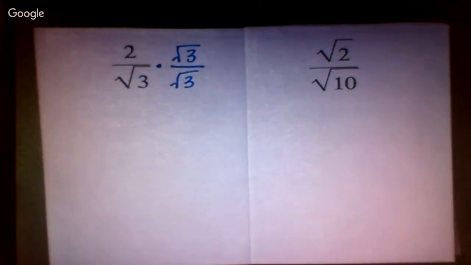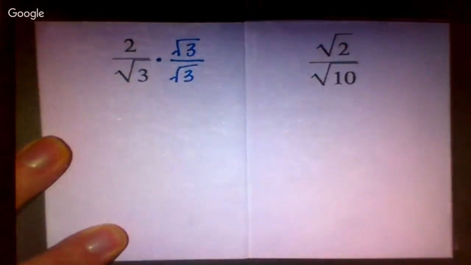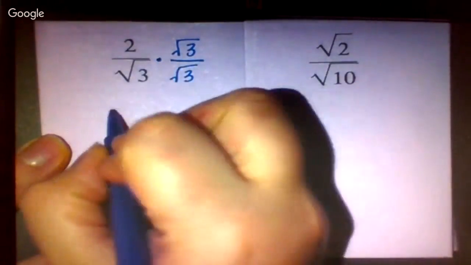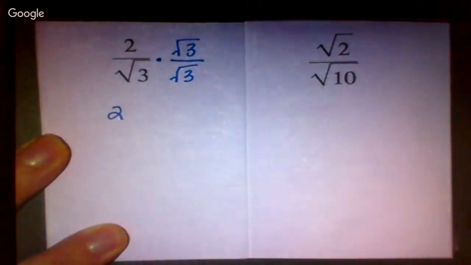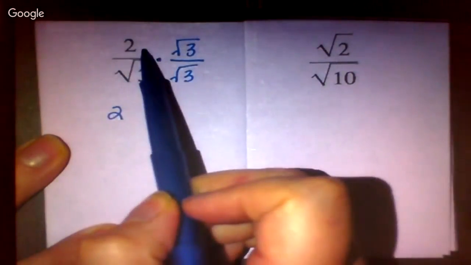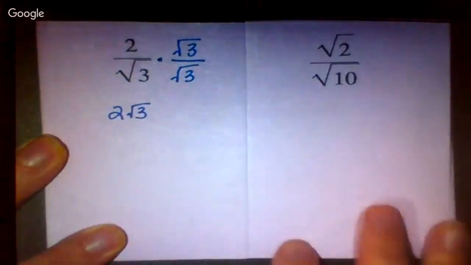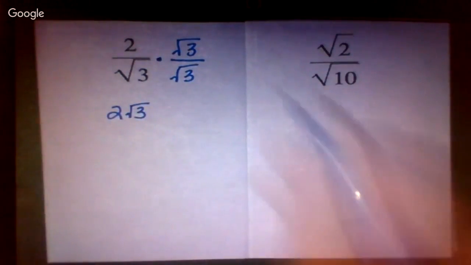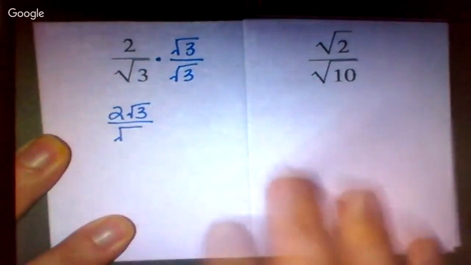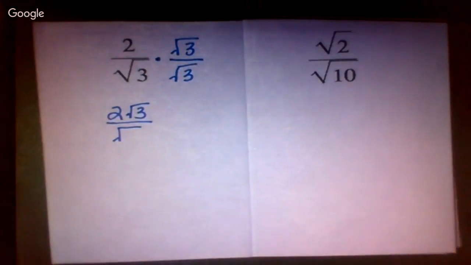Now, when I multiply, this is 2 times what's in front of the square root of 3? 1. So this is 2 times 1, which is 2. There's no radical to multiply here, so this is just 2 square roots of 3. Now, in the bottom, you have square root times square root, so we keep the square root and multiply what's underneath.